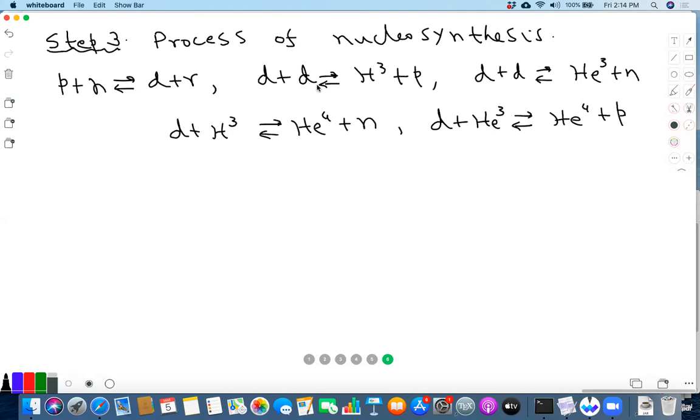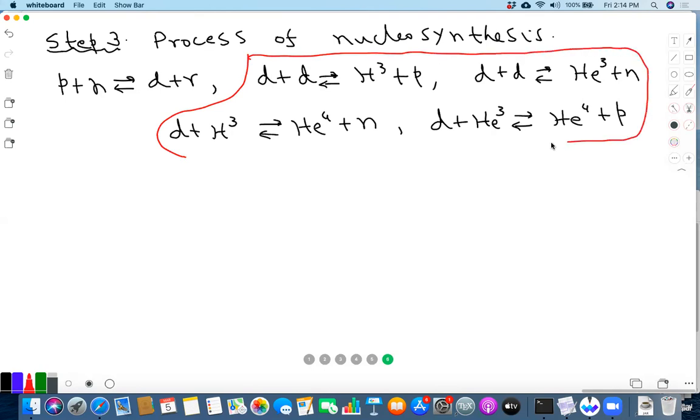Now the other point to notice here is that these processes are strong interaction processes. The way to recognize it is that they don't involve any neutrino or photon. So these are strong interaction processes.